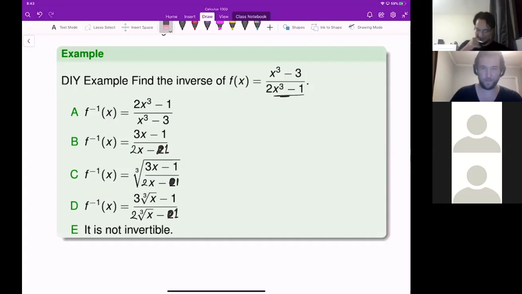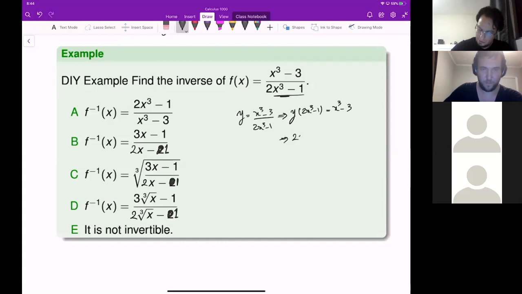So y equals x cubed minus 3 over 2x cubed minus 1. We want to solve for x. So this is 2x cubed minus 1 equals x cubed minus 3. Then from there, this is 2yx cubed minus y equals x cubed minus 3. From there, I bring this one here and take that one there.